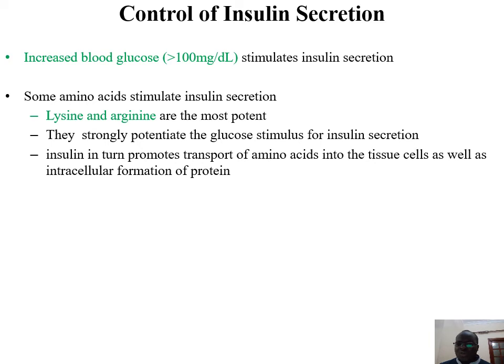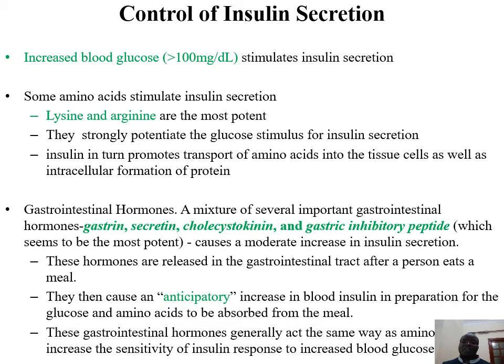Insulin in turn will promote transport of amino acids into the tissue cells as well as intracellular formation of protein. So you need insulin for protein metabolism, and the internalization of amino acids by the cells also requires the effect of insulin, just like the internalization of glucose by the muscle cells, adipose cells, and also hepatocytes.